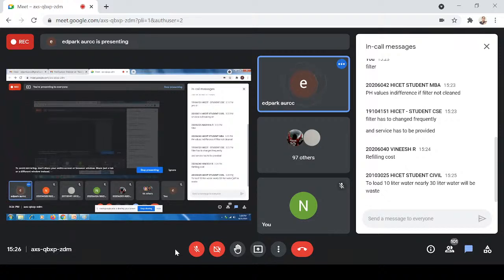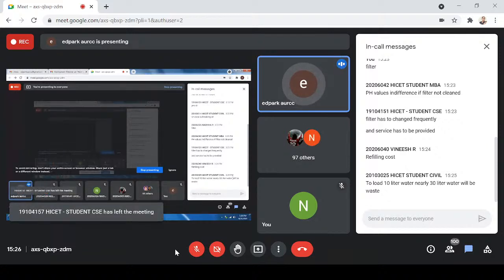Okay, fine. No problem. So, we thought to discuss this aspect, with respect to Nadia, Suri Prakash, the student from CEC, Vinish, and a civil student. Let us take these two major problems. The filter has to be changed, and the water wastage is quite high.